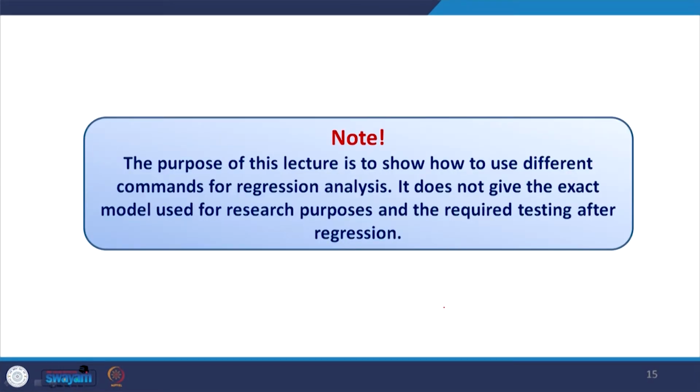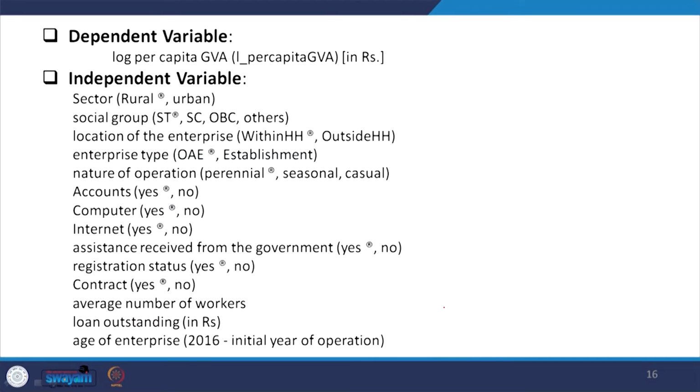Please take note that the purpose of this lecture is to use different commands for regression analysis. It does not give the exact model used for research purposes and the required testing after regression. Some important aspects we are going to discuss, but that does not mean it gives the exact model. There are lots of experiments made in between for getting the right model and right result.